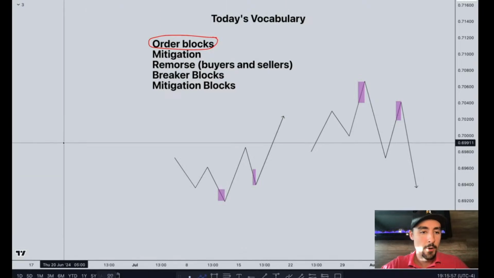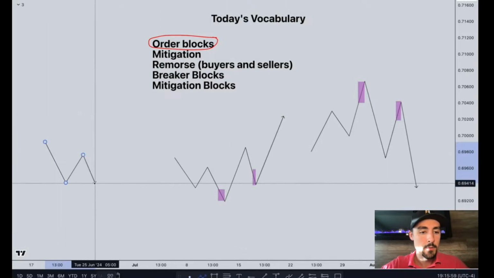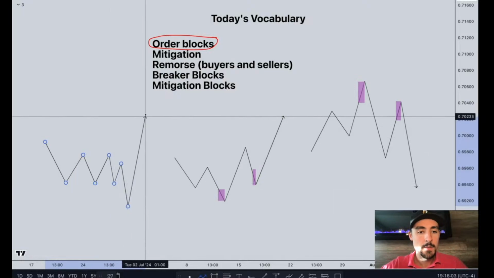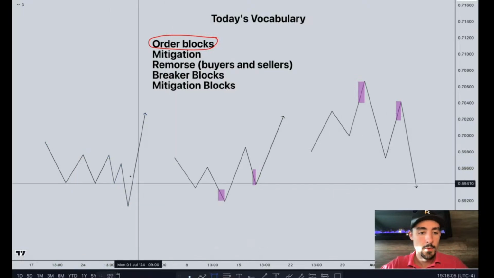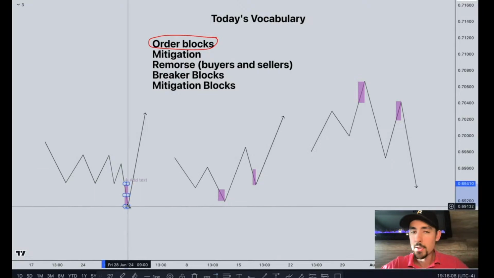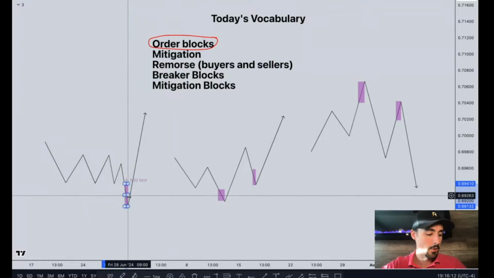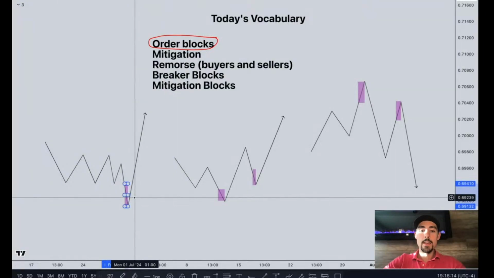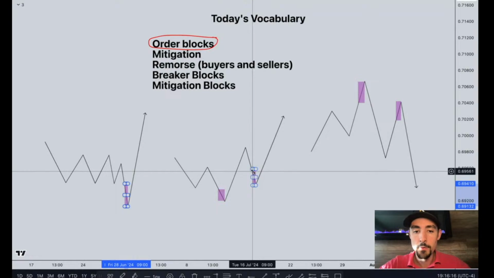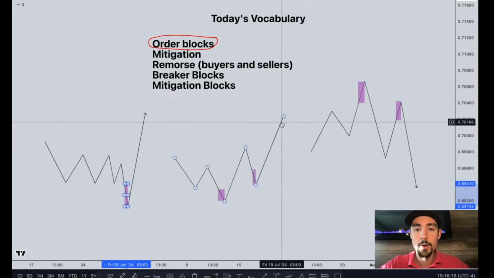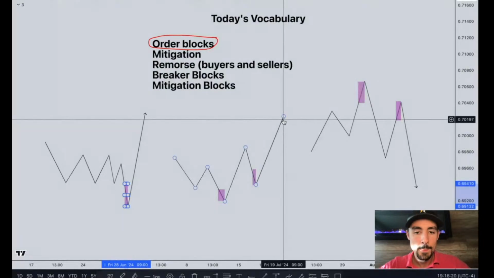If we have an area with relatively equal lows, and then we see price do a sell to buy motion, this order block down here, that last down candle or those consecutive down candles, depending on the time frame you're looking at, is going to hold more weight than this example of an order block, which is just the last down candle before an up move that didn't capture liquidity.